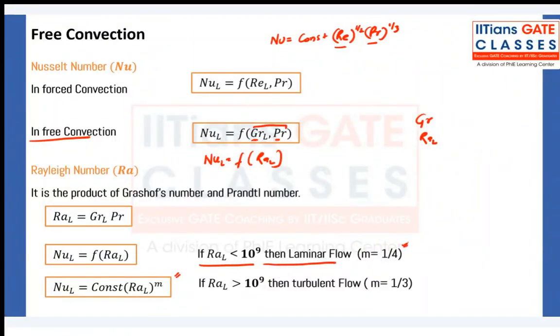If Rayleigh number is greater than 10 to the power 9, the flow is turbulent and M is equal to 1/3.